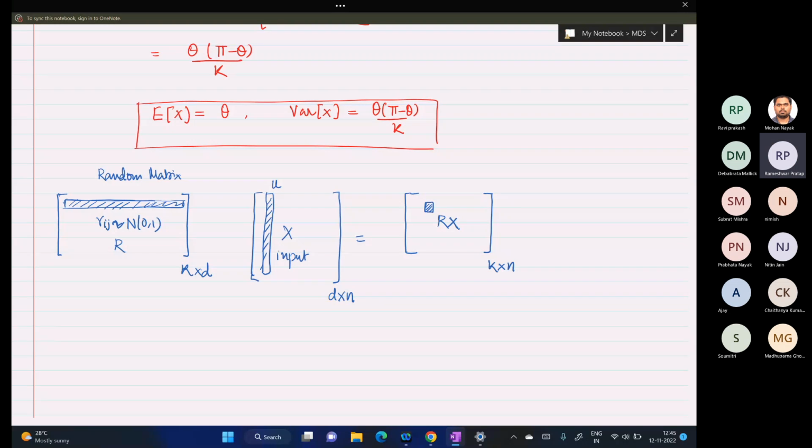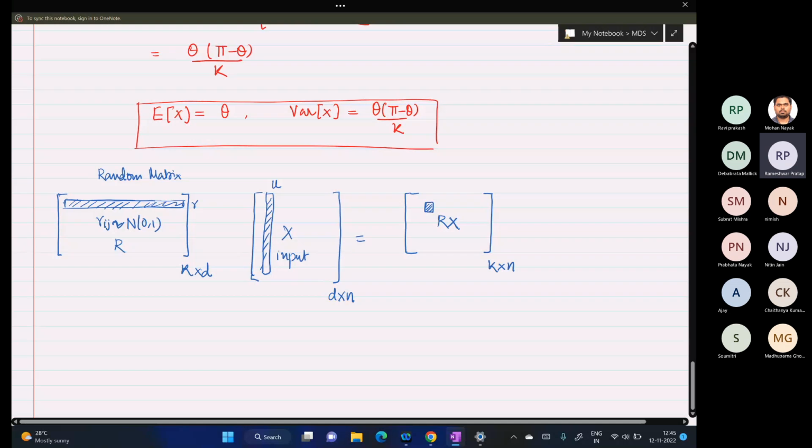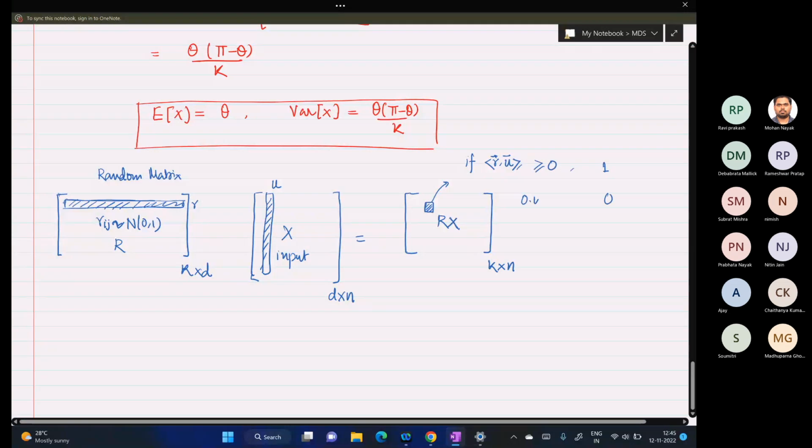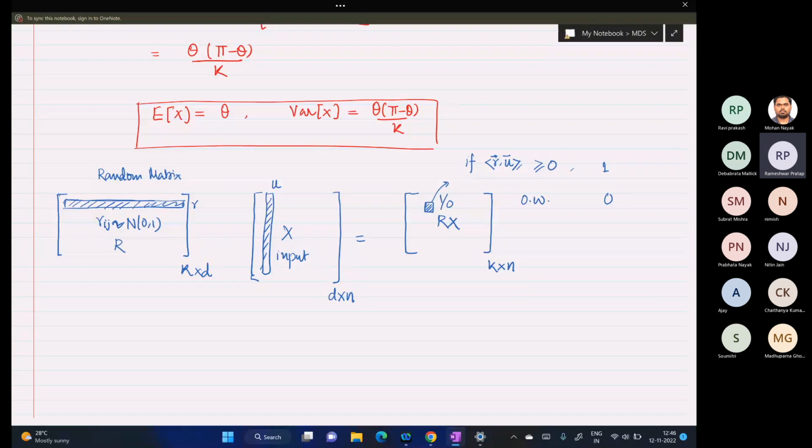So this vector is r into u, the dot product of r and u, right? And in case of this SimHash, what we are replacing it with is either 0 or 1, right? Depending on the sign, if it is positive we are putting 1, and 0 otherwise, right? So basically whatever value is there, we are just replacing it by 1 or 0 depending on its sign, right? So is it easy to see?